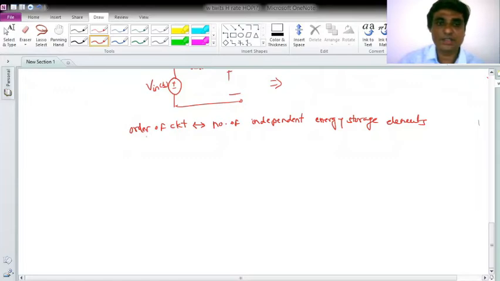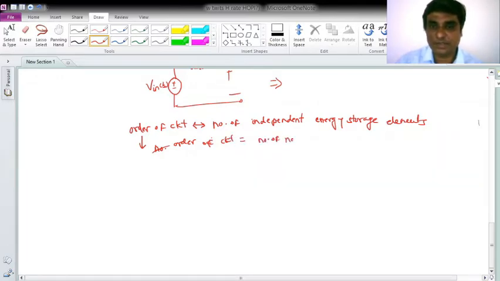So basically, if the order is 2, there will be 2 natural frequencies. So the order of the circuit will be equal to the number of natural frequencies present, and the number of natural frequencies present is always equal to the number of independent energy storage elements.